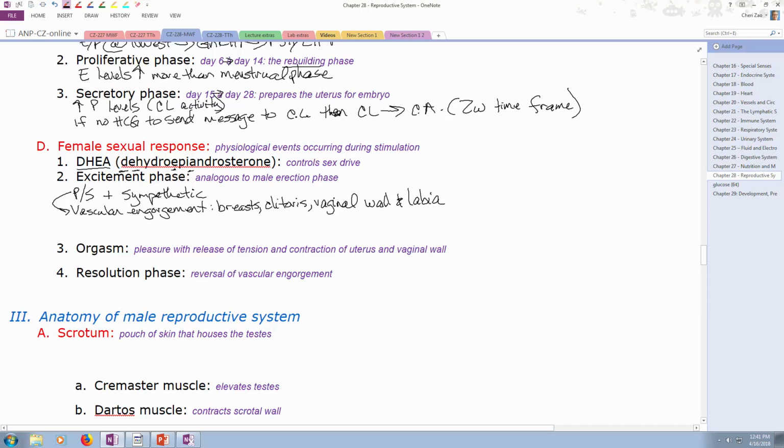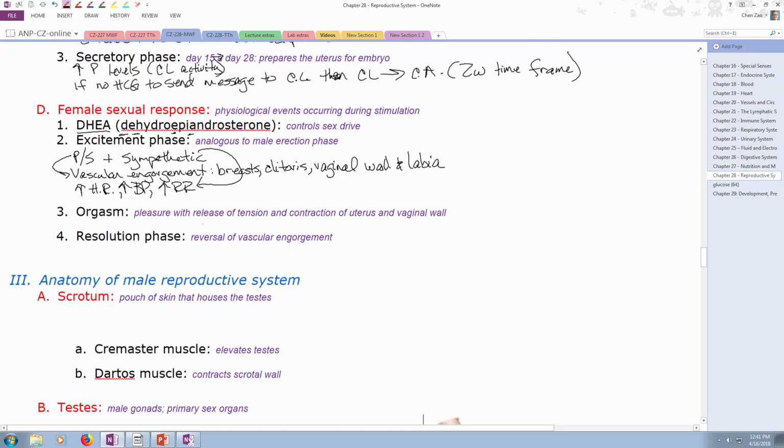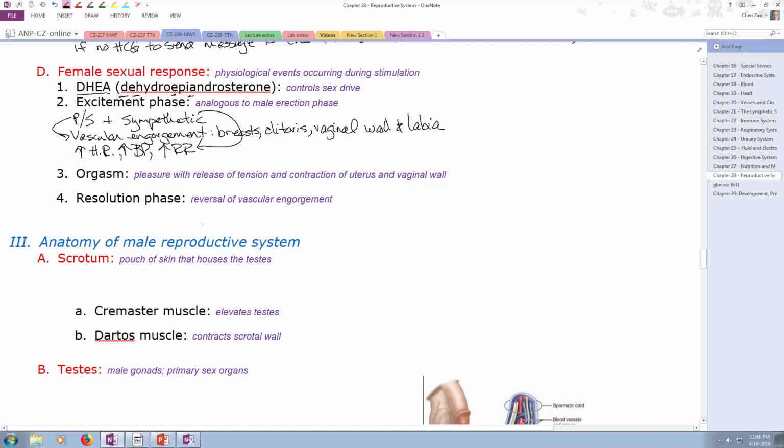Now, the sympathetic things that we'll see are increased heart rate, increased BP, blood pressure, and increased respiratory rate. Those are all due to sympathetic system activation. When orgasm occurs, that means we have a peak in the activity of the parasympathetic system, and then the female will experience pleasure and release of the tension that's been building up during this time, and actual contraction of the uterus and vaginal wall.